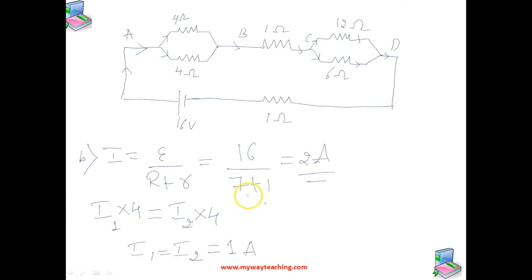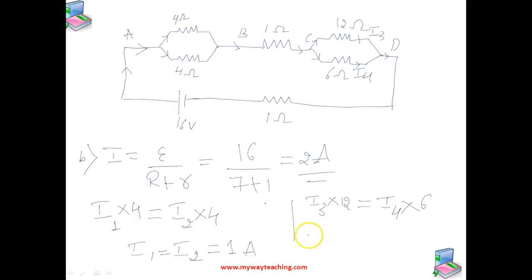Current in the 1 ohm resistor between B and C, if you consider, it is 2 amps because it is series connected. So now if you consider the resistors between C and D, that is 12 ohm and 6 ohm. If I3 is the current in the 12 ohm resistor and I4 is the current through this 6 ohm. Using the same logic, potential difference will be the same.